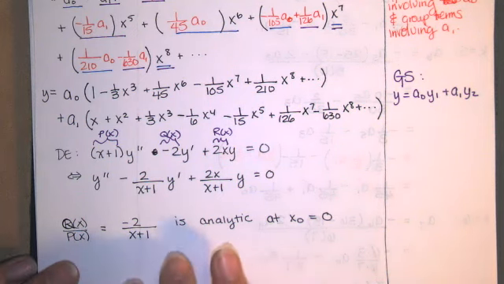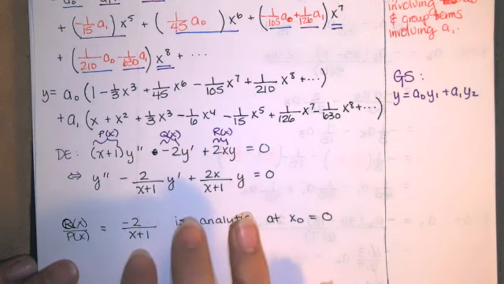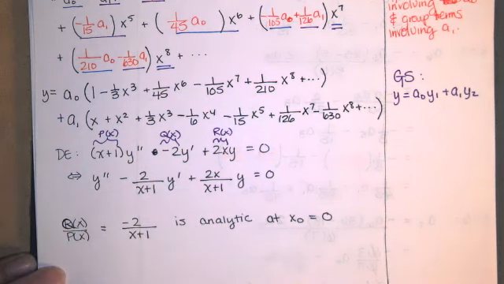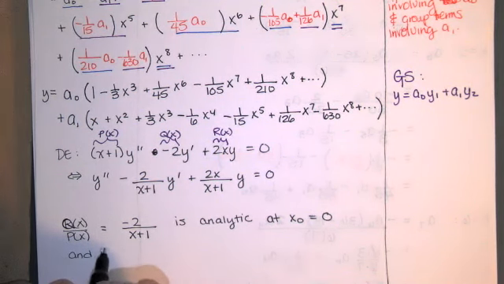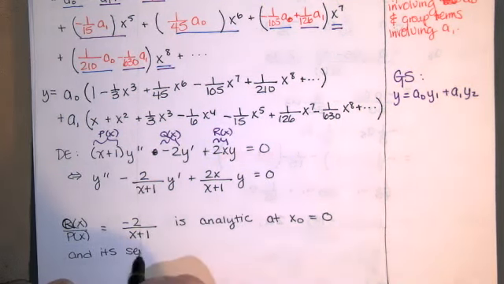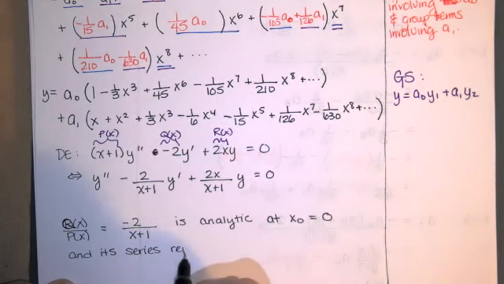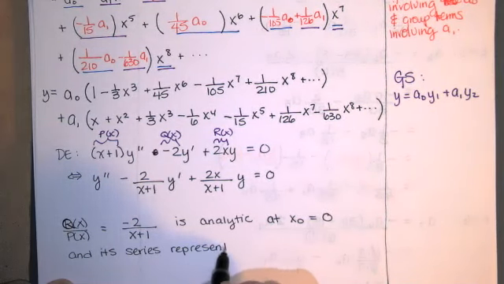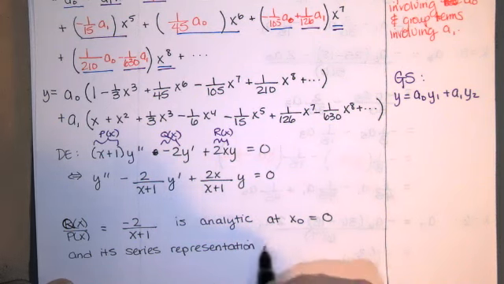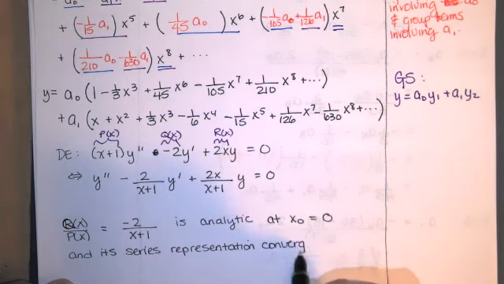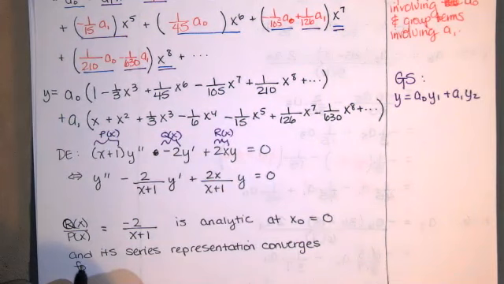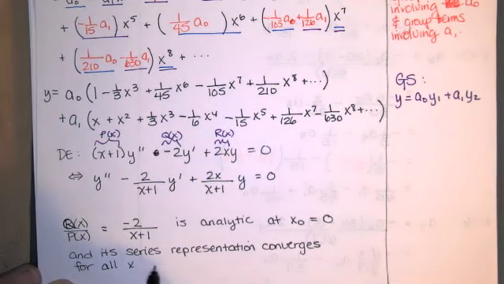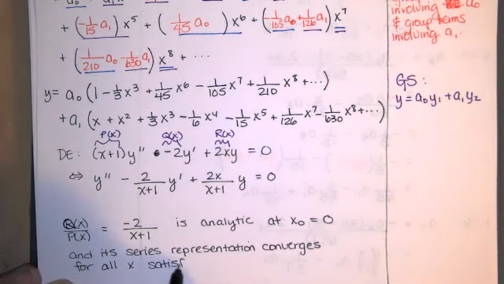And the infinite series representation of this will converge on an interval that looks like this. It's going to converge for all x satisfying the following inequality.